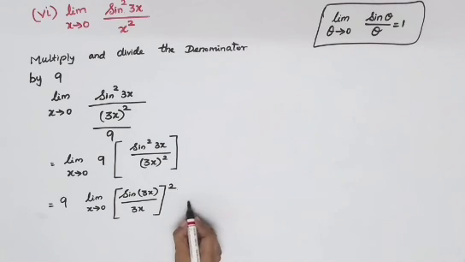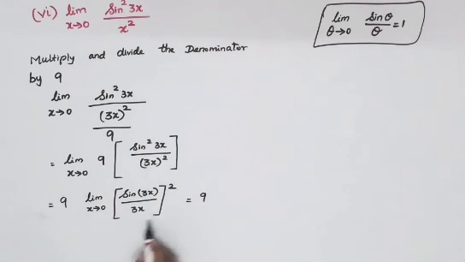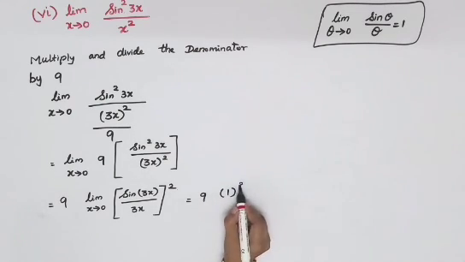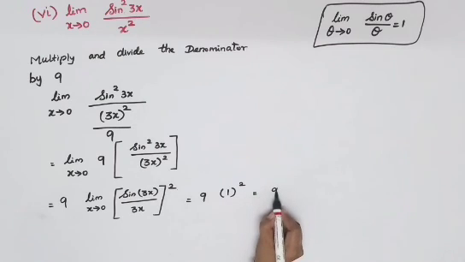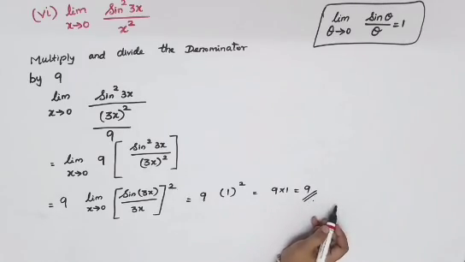Okay, so which is equal to this 9 is there as it is. Now the whole thing with the limit, that is limit x tends to 0, sin 3x divided by 3x will become 1. Okay, so 1 the whole square, which is equal to 9 into 1, that is equal to 9. So this is the answer for your first question, 6th subdivision.